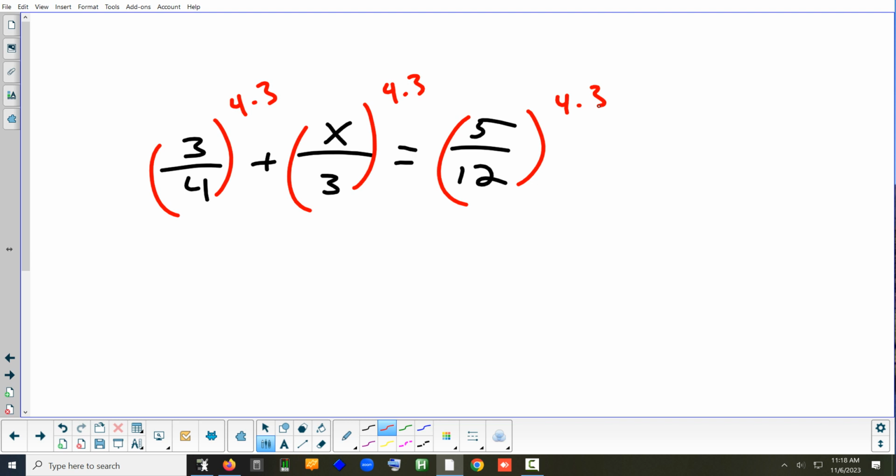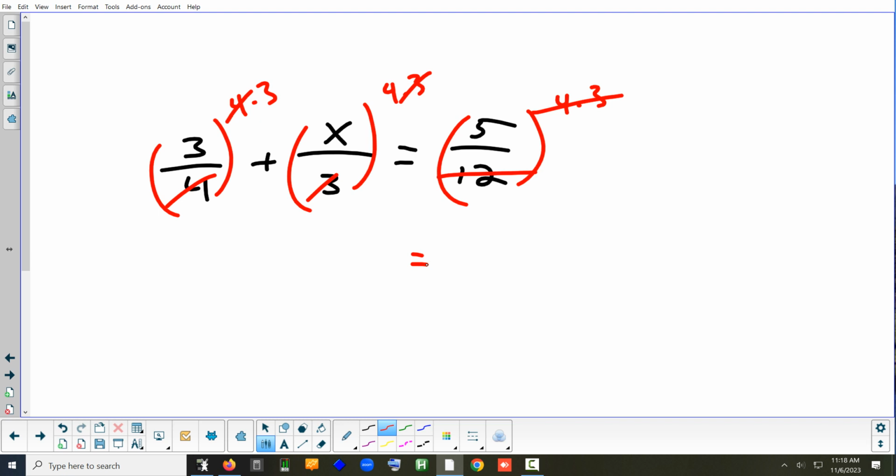What's going to cancel in the first fraction when I take 3 divided by 4 times 4 times 3? Yeah, the 4 is going to cancel. What's going to cancel in the second fraction? 3. And the third fraction? The whole thing. That's exactly what's going to happen when we do this with letters.